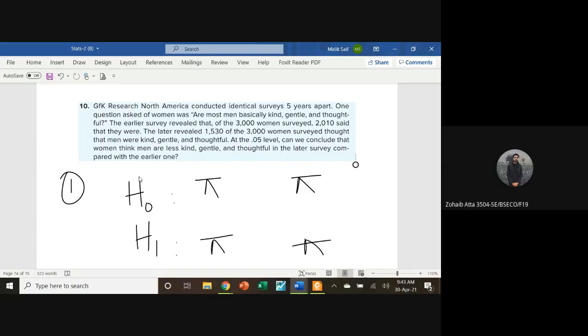Well, first of all, you will write down the subscript. Men and women are there. So you may write down men or women.